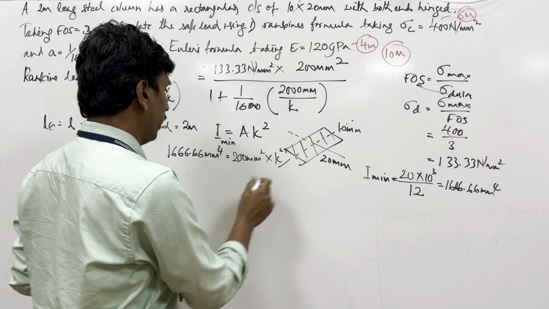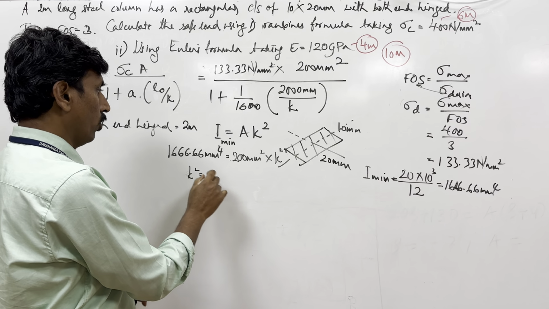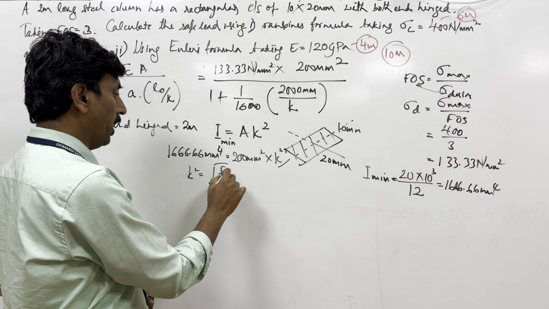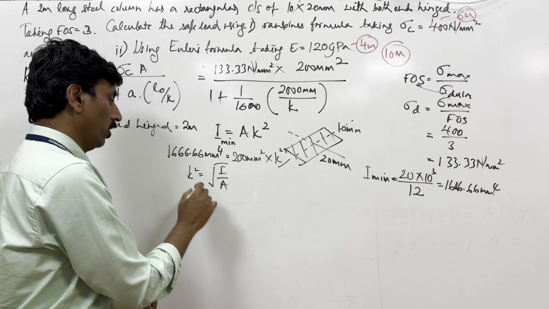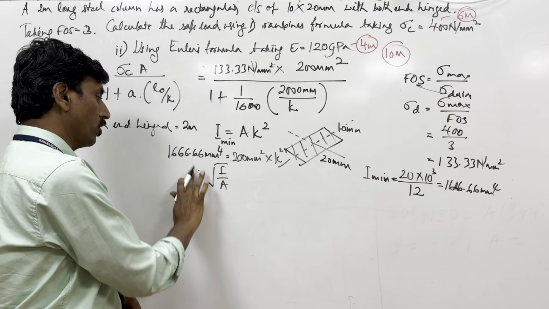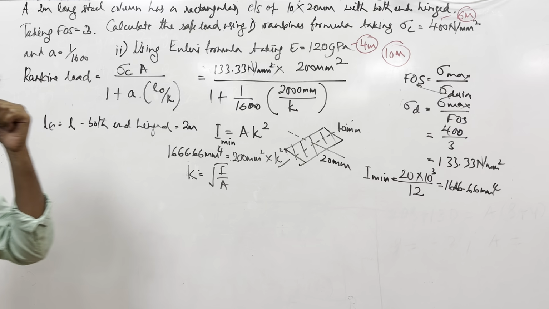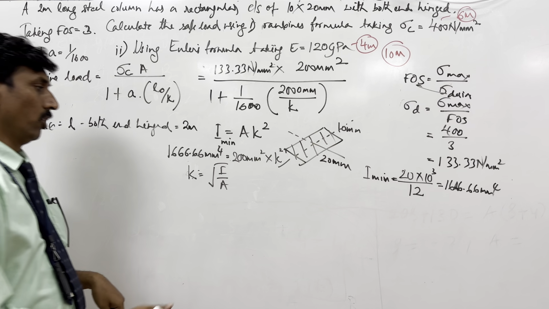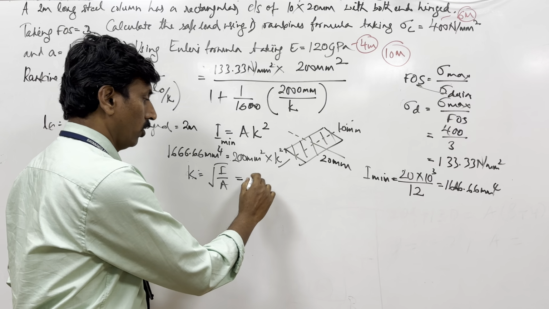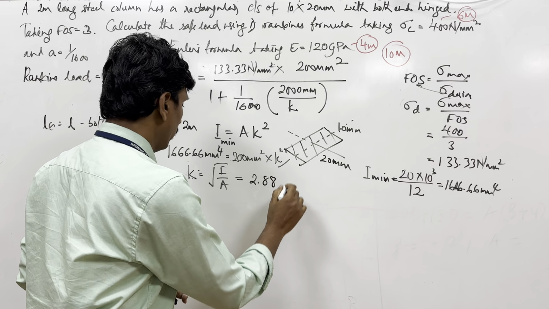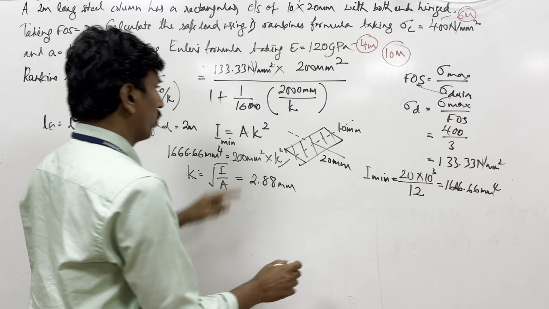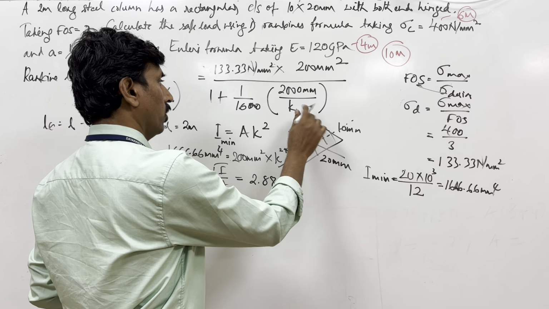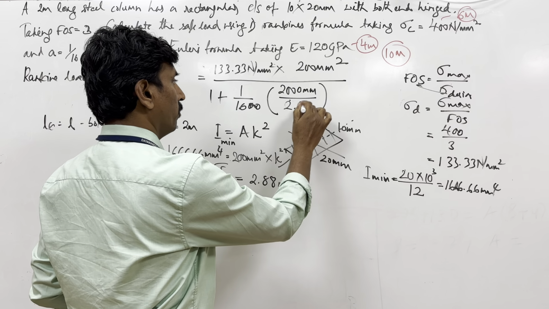So you can find K. So K square is equal to I by A. K is equal to root of I by A. So how much is the answer? 2.88. So this is mm. So that has to be substituted here. So this is 2.88 mm.